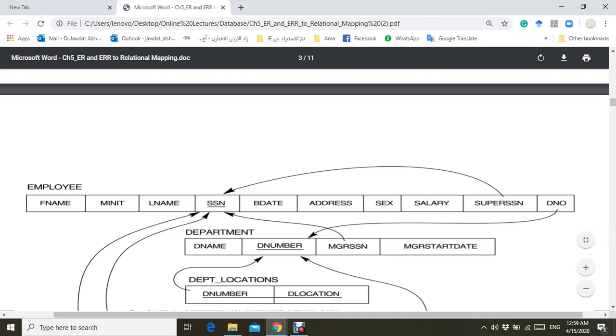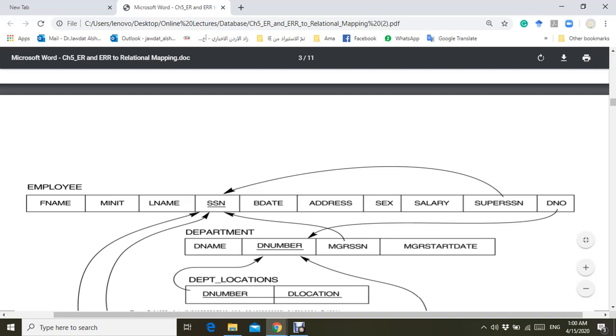This is the foreign key of the department where the employee works. So for the relationship between employee and department, we explicitly put the primary key of the department, which is the department number. We put it here as a foreign key in the employee, where this employee works.